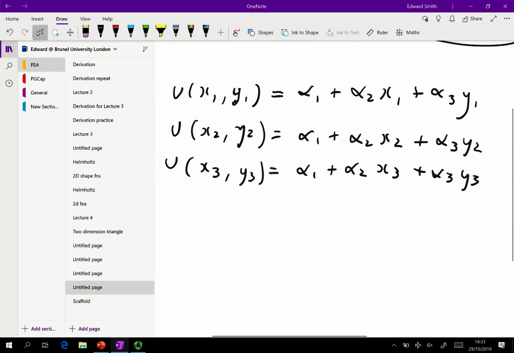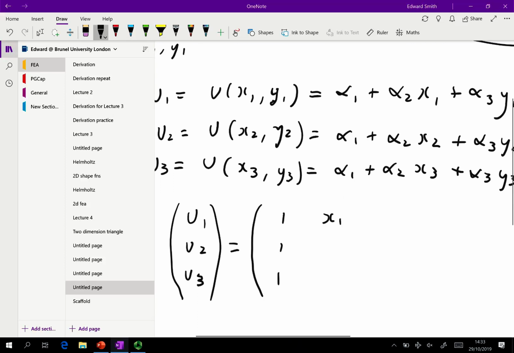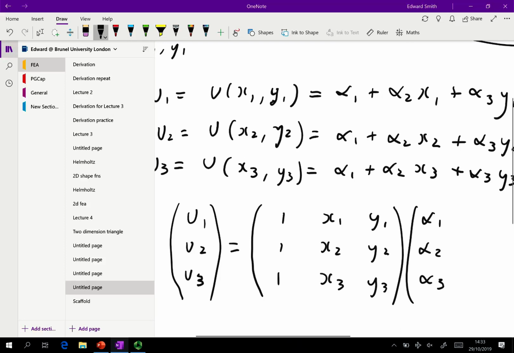So the way we do this is to assemble it into a matrix. It's not the only way we could do this. We could solve these simultaneous equations by hand, but it's going to end up being much more tedious. So the easiest way is to actually do it as a matrix, and hopefully after doing a bit of Matlab, you're getting used to thinking in this way. So the matrix is going to be of the form of the x and y coordinates, all times the alpha 1, alpha 2, and alpha 3 coefficients.